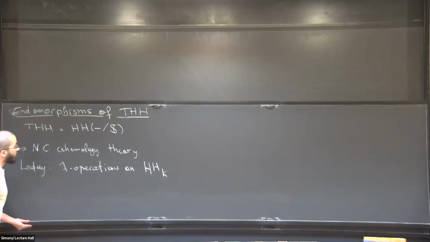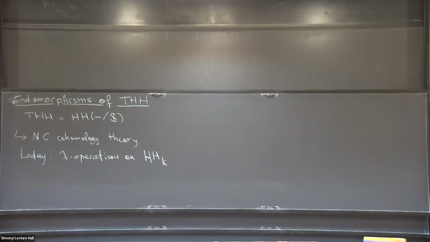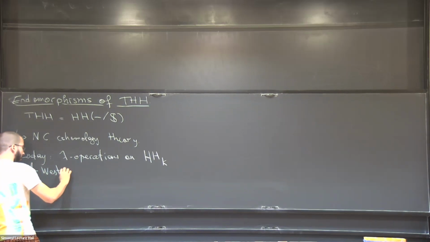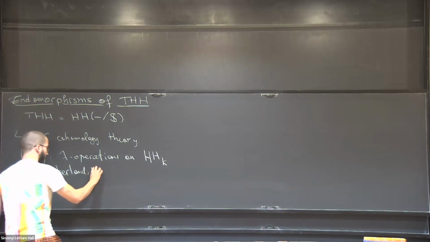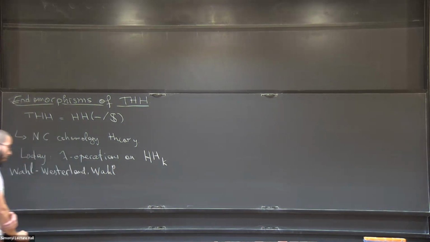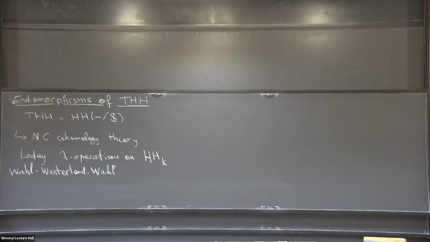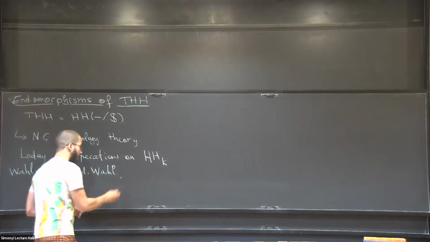And I guess these were further studied by a lot of people. So I wrote a few names. In the context of string operations in string topology, which is maybe a bit further away, there's work by Wahl–Westerland, further studied by Wahl, where they try to study operations on HH by studying what they call formal operations, which aren't exactly operations, but they map to operations, and the hope is that it's maybe a dense subset or something, or at least it's injective on homology.